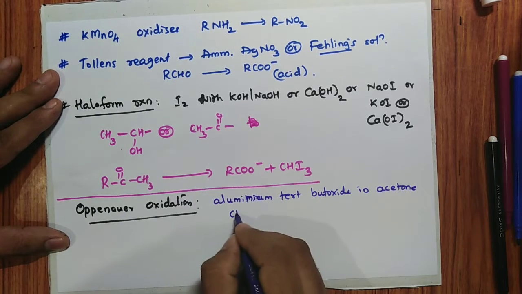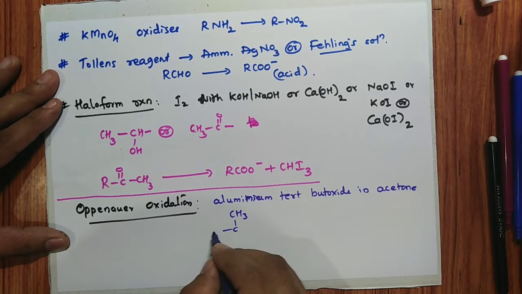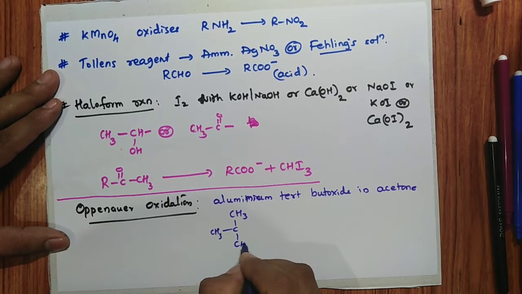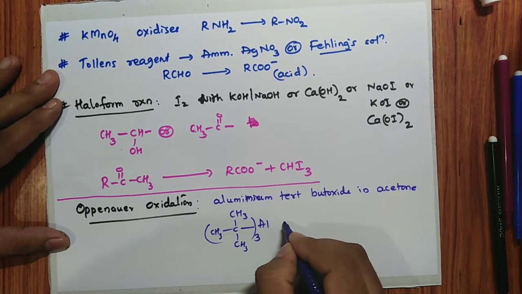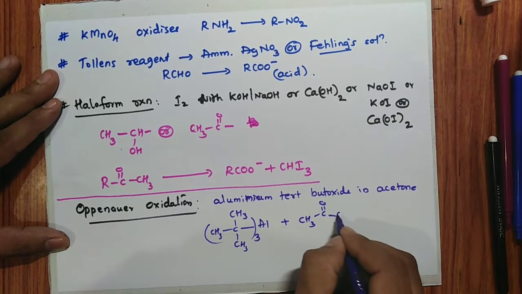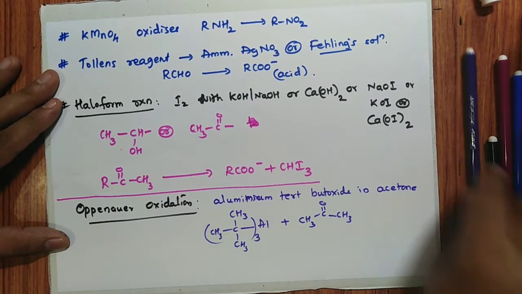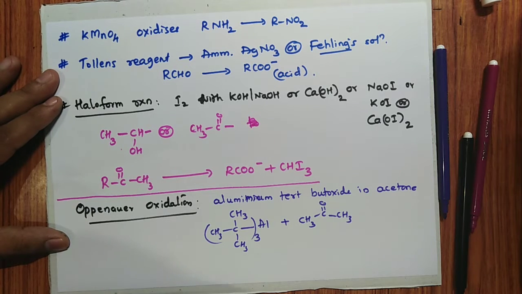That is like this: CH3, CH3 tertiary, CH3 thrice aluminium, plus CH3 C double bond O CH3. One example I will give you for this particular reaction, that example you remember.